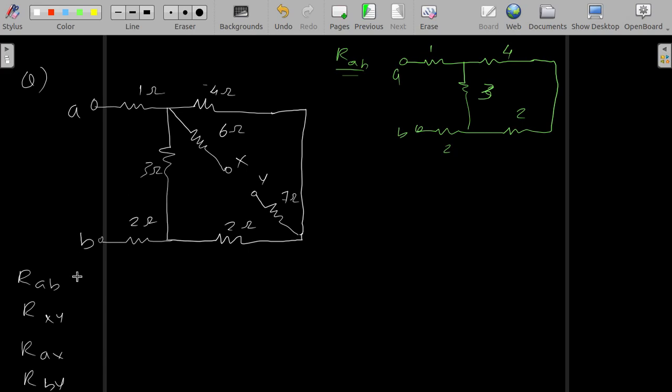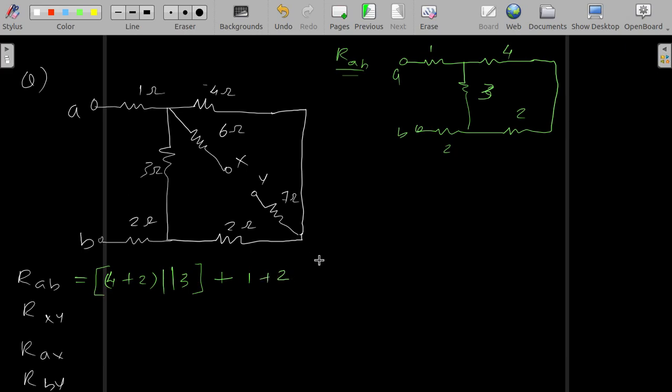So R AB equals 4 in series with 2. Okay, this is in parallel with 3. Please observe the notation. When you just put a plus, it is a series. 4 is in series with 2, the whole thing is in parallel with 3, and this whole thing is in series with 1 and 2.